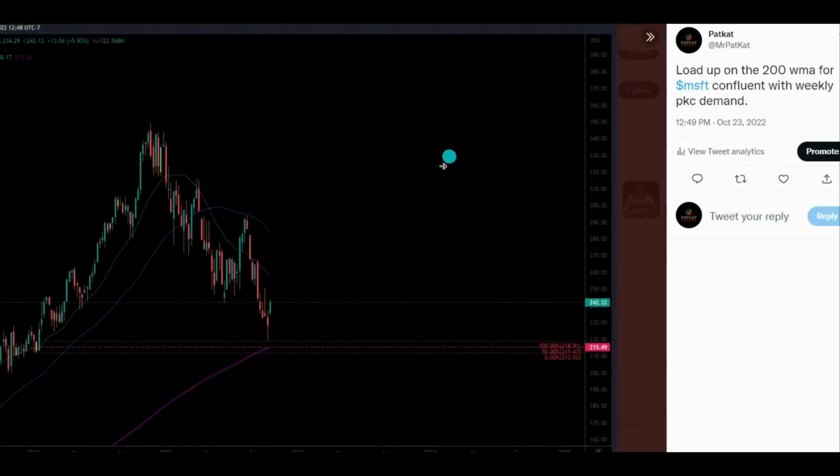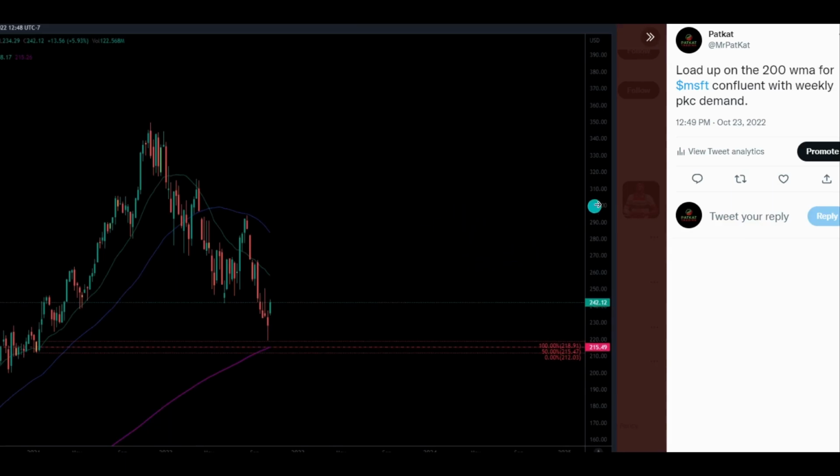Next one, I made this call on October 23. Load up on Microsoft weekly PKC demand, which is also confluent with the 200 weekly moving average. Remember what I said, that weekly demand zones and PKC zones are very effective if you have key levels at that area.